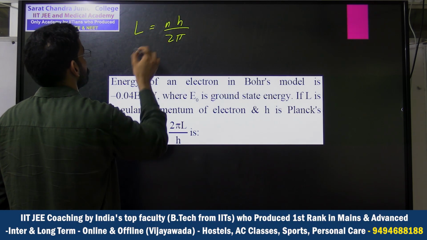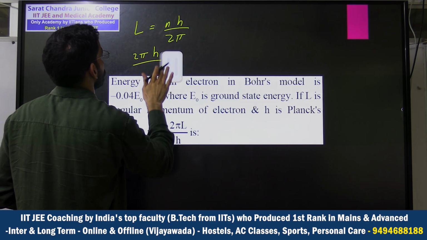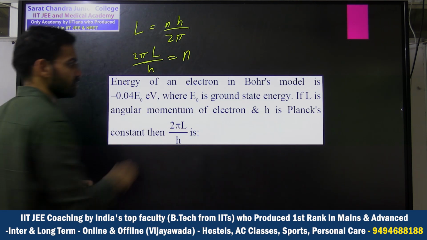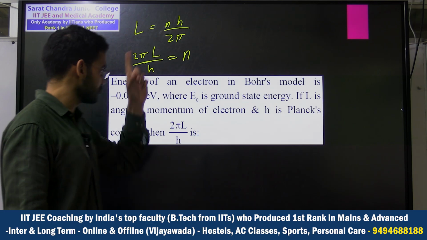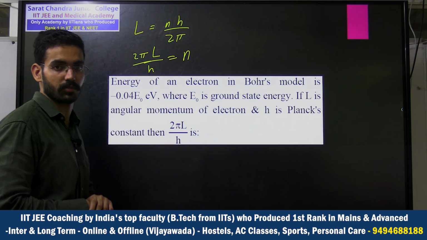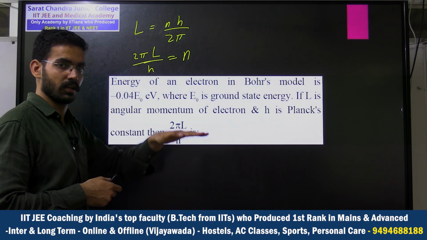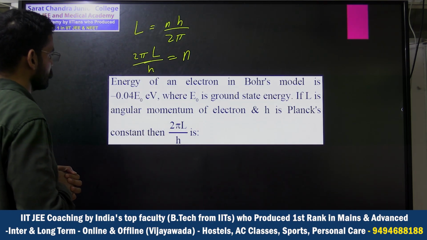So 2 pi L by h equals n. So actually he is asking n only. He wants to ask that if this is the energy, then what is n, the principal quantum number of that electron, in which level, like Lyman, Balmer. That is the direct point.